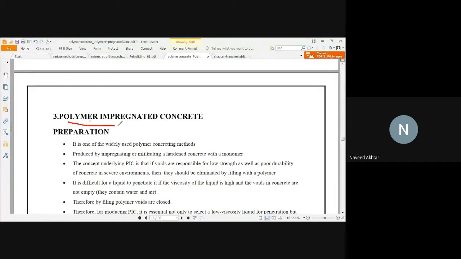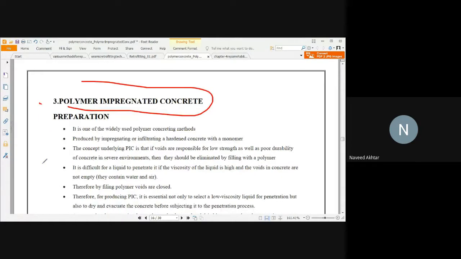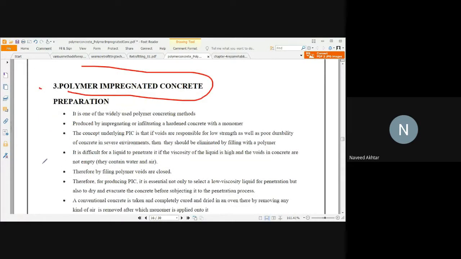Then polymer impregnated concrete is also used. It is one of the widely used polymer concreting methods, produced by impregnating or infiltrating a hardened concrete with a monomer.